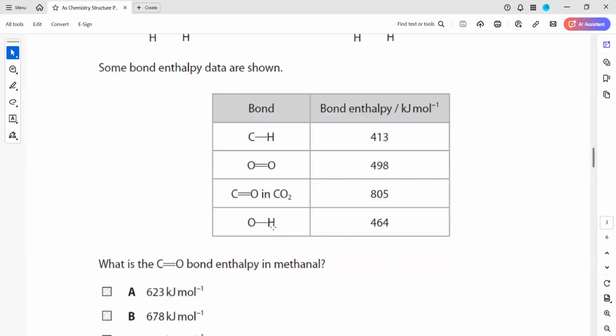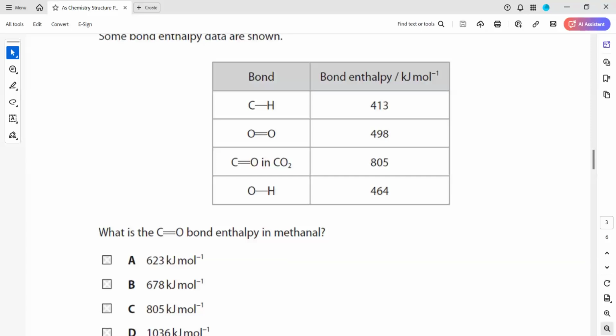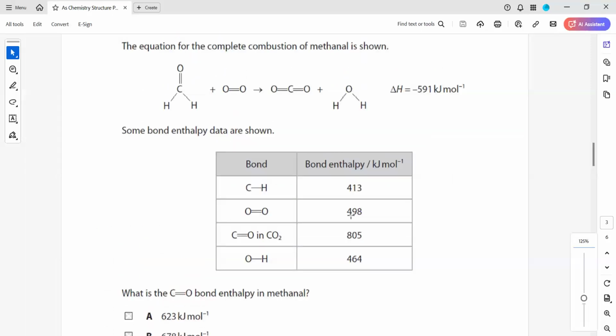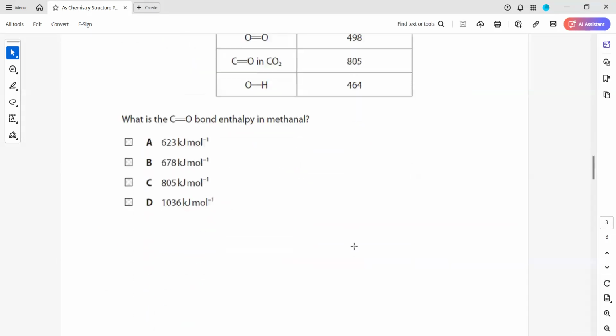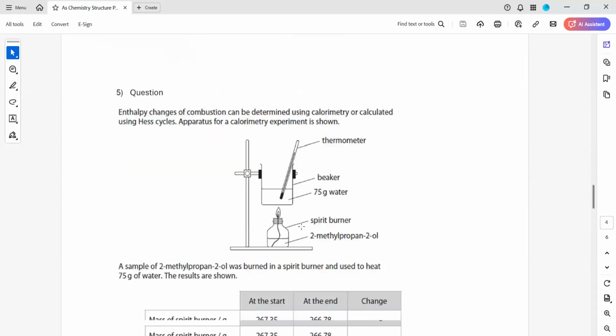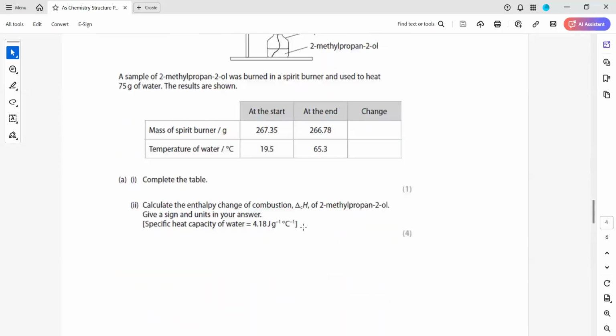Question 4, any doubt? Question 5, any doubt?